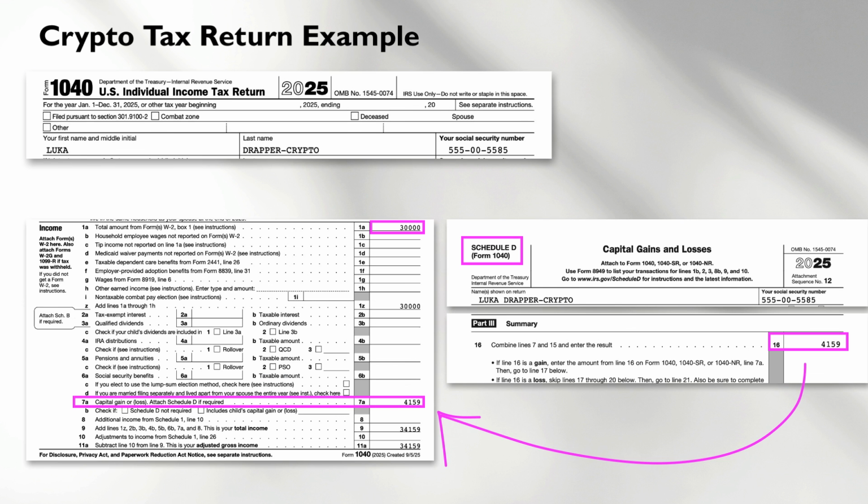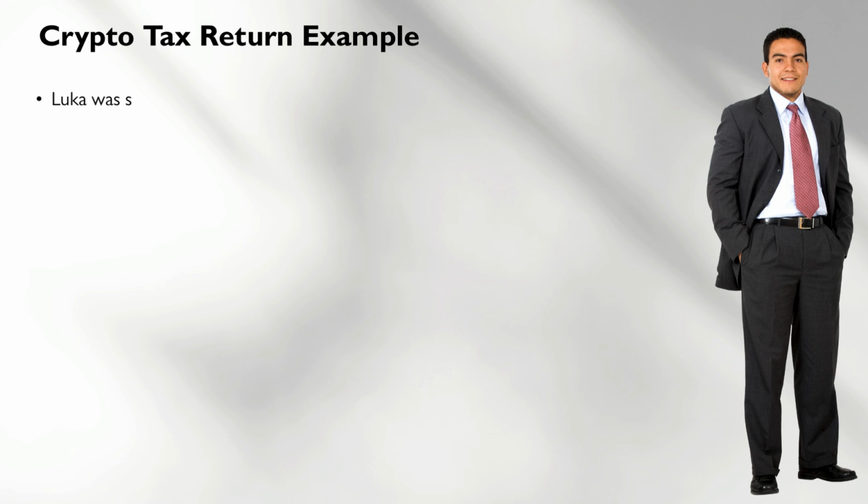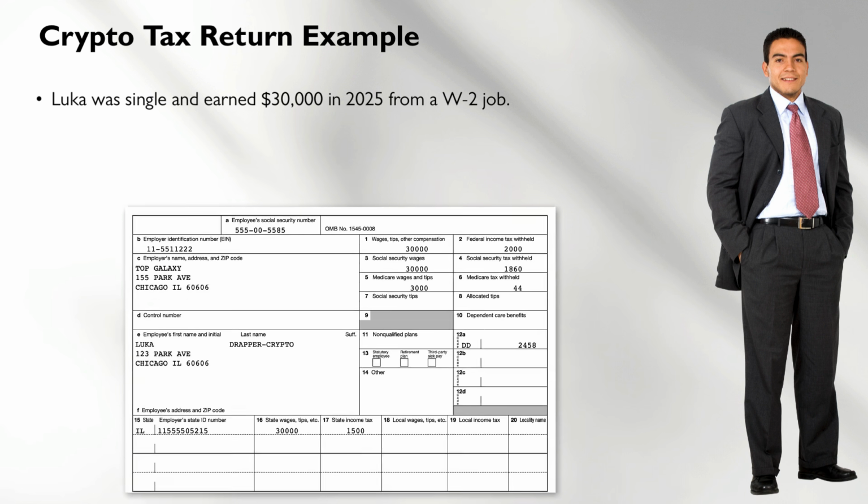Let's go through the 2025 tax forms you may receive for selling or exchanging crypto and stocks, and how they appear on your tax return. Example: Luca had a job where he earned $30,000 and received a W-2 form.